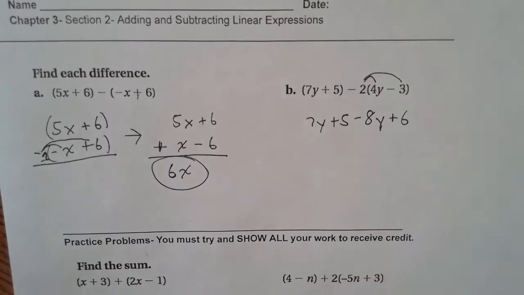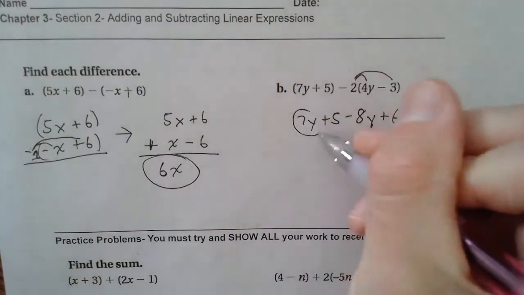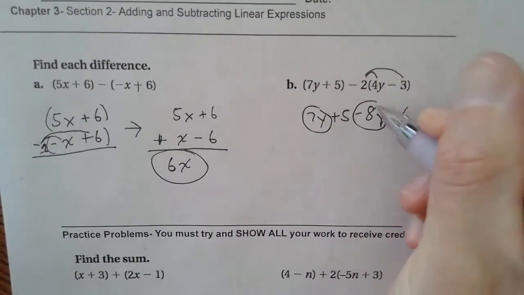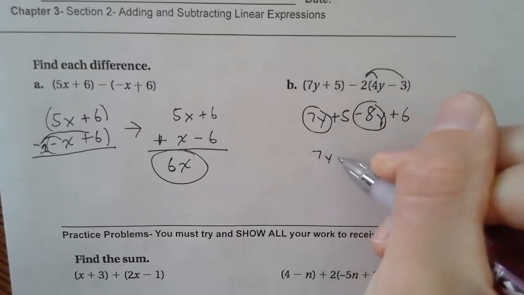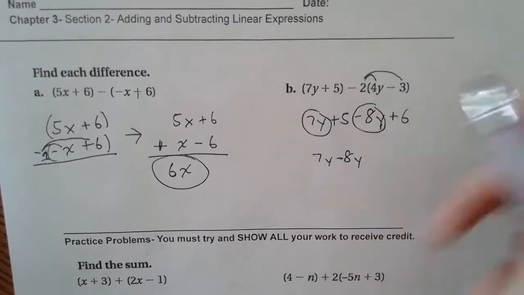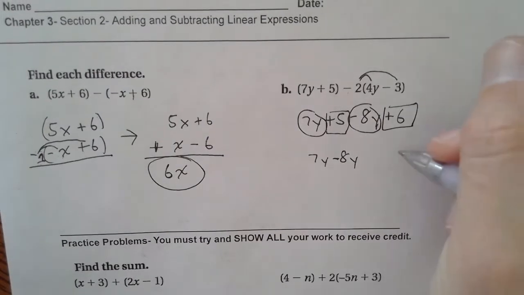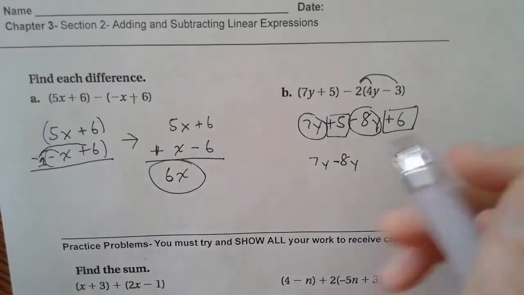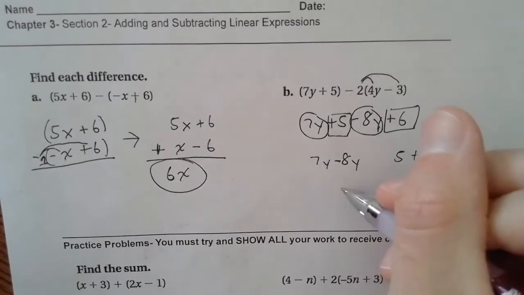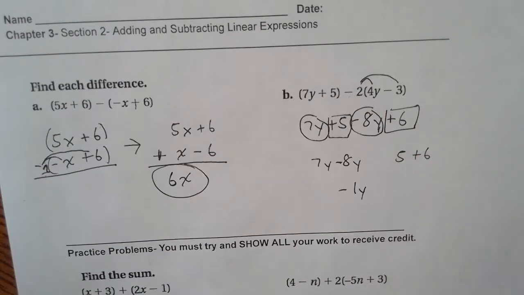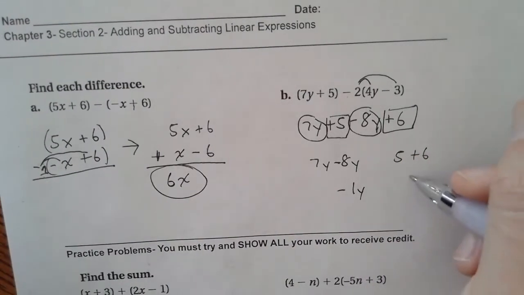Alright, from here we're just going to combine our like terms. 7y minus 8y. And then I have 5 plus 6. 7y minus 8y gets me negative 1y. 5 plus 6 gives me 11.